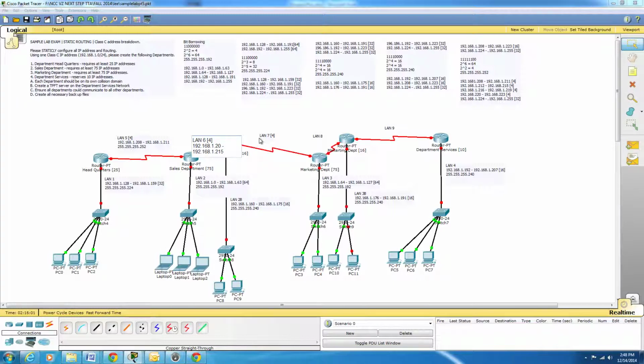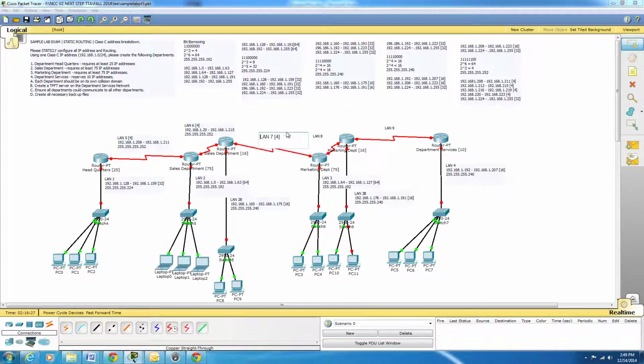So we already have that information, and your subnet mask will be 255.255.255.252. Okay, so that looks awesome. That's your second block of IP addresses.